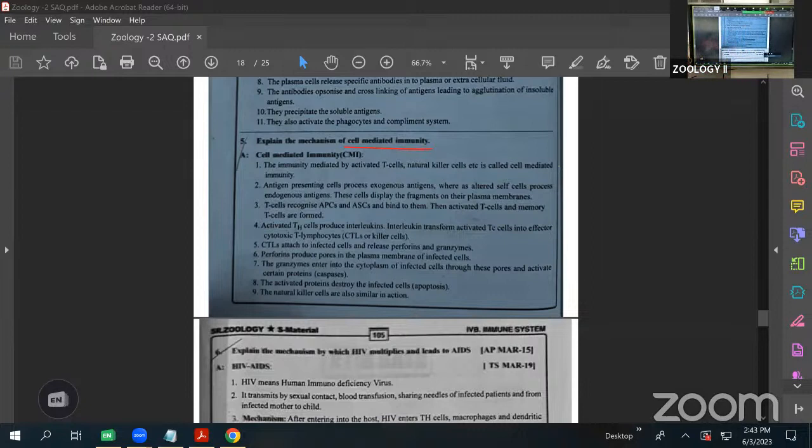What it means is that it occurs inside of the cell. Before that, the humoral immunity deals with exogenous antigens, but here they are endogenous. Clear? Exogenous antigens.